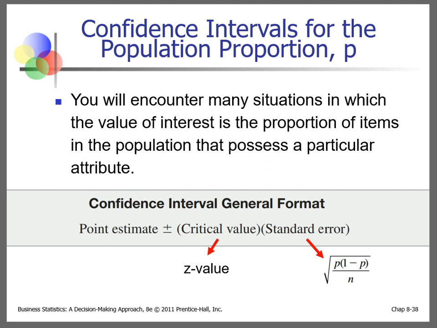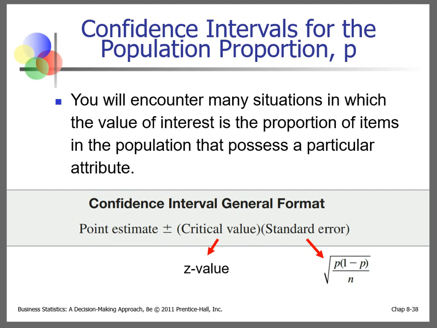Confidence intervals for the population proportion. The previous sections have illustrated the methods for developing confidence interval estimates when the population value of interest is the mean. However, you will encounter many situations in which the value of interest is the proportion of items in the population that possess a particular attribute.